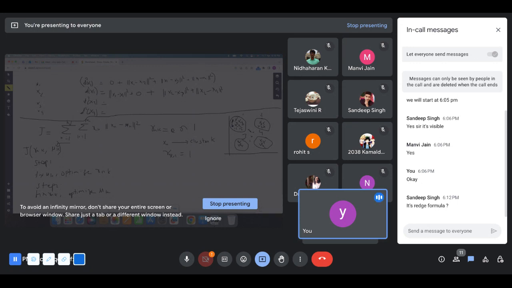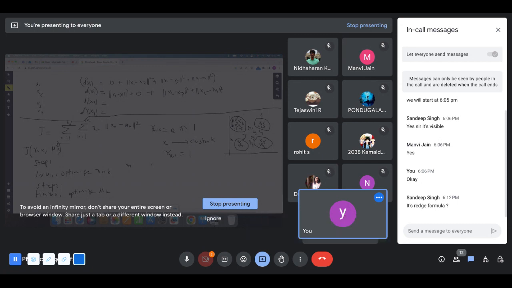Then for every data point x_n, you find the distance to the initialized means mu1, mu2, mu3, and mu4.